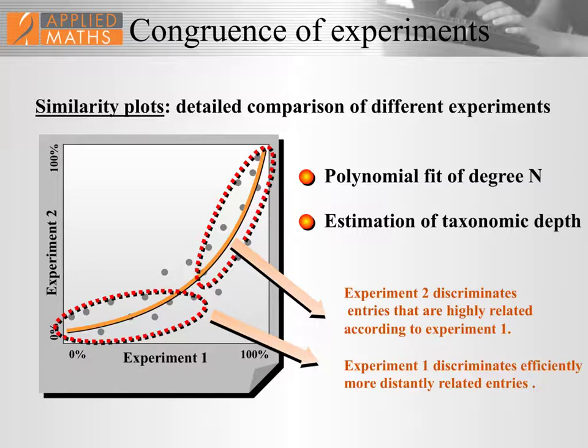So if you have isolates, all these gray dots are in fact pairs of entries. So it's pairwise comparison. So all these ones are more or less the same with experiment 1. But they can be distinguished between, I don't know, 30 and 100% with the other technique. So that gives you some proof of your discriminatory power and on what taxonomic level of your technique.